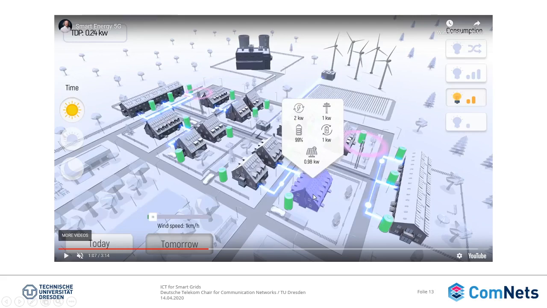So here, for example, you can see that this guy gets 1 kilowatt from the power grid, which is from his neighbors. He gets 1 kilowatt from the battery systems that he has. He gets 1 kilowatt from the solar panels, and he's consuming it.